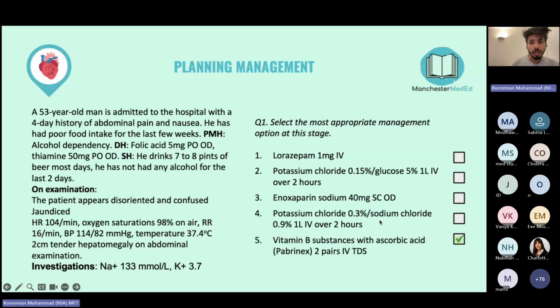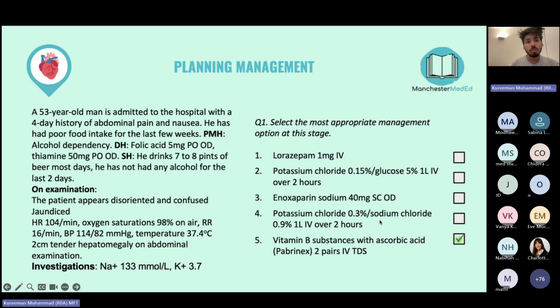So you give Fabrinex rather than lorazepam at the moment, because lorazepam is given to help with agitation and as part of the alcohol withdrawal process. You give lorazepam if he is agitated, with alcohol withdrawal symptoms like trembling or shaking.